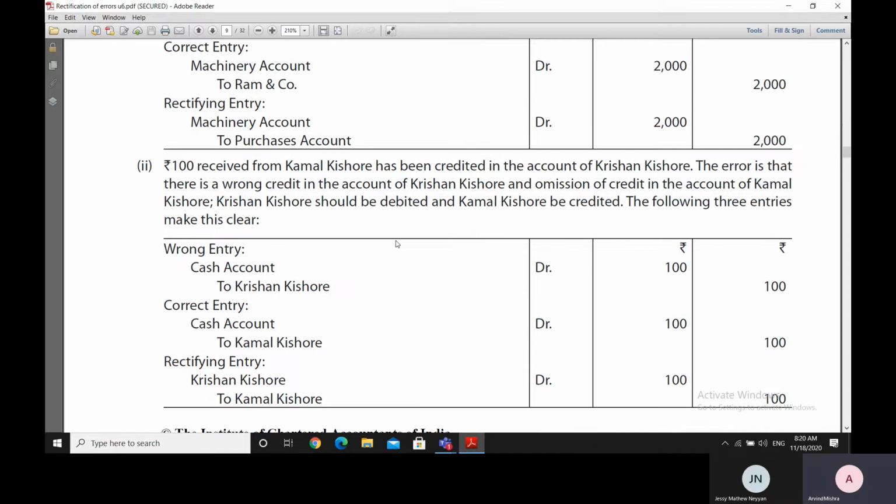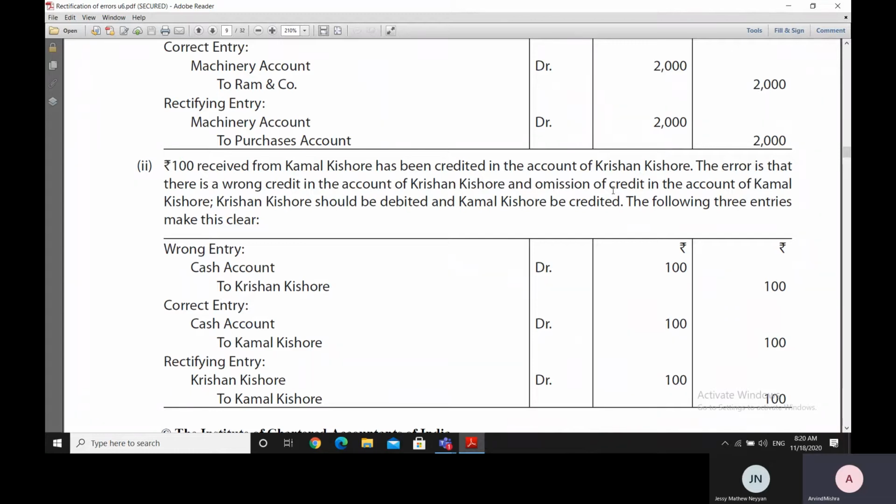Now let us take one more example. We received 100 rupees from Kamal Kishore, but we credited it in the account of Krishan Kishore by mistake. So the error is that there is a wrong credit in the account of Krishan Kishore, and the omission of the credit in the account of Kamal Kishore.